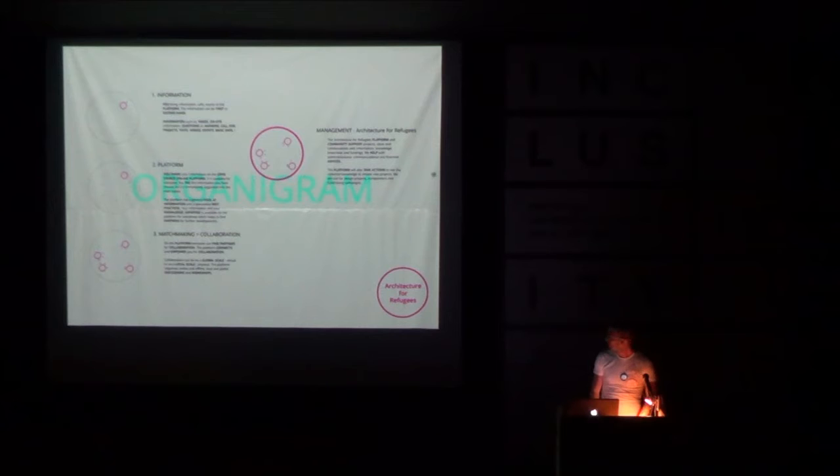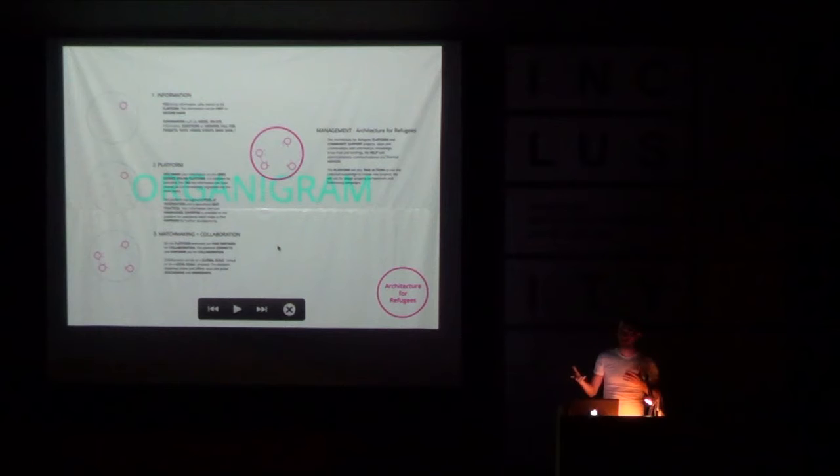So you have the information, then you start sharing it with all the other stakeholders, and in the third step, matchmaking, people who are interested in the same project can start collaborating. We are doing this management, the architecture of refugees, which is only about providing a platform where people can collaborate and work together and can find and share information.